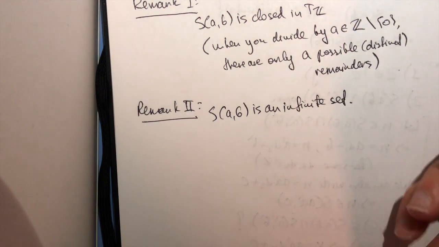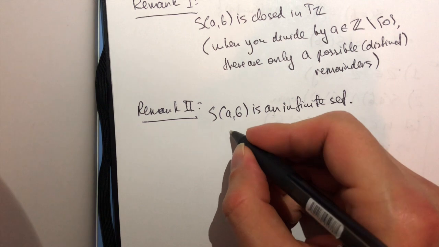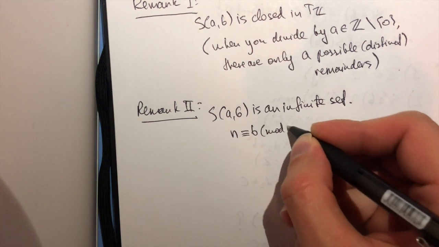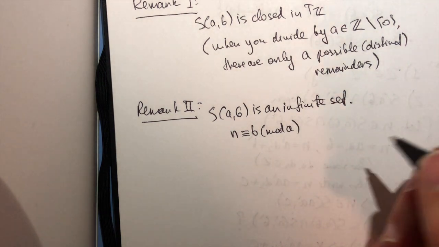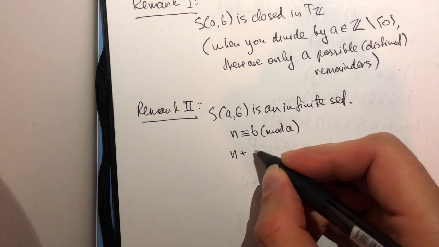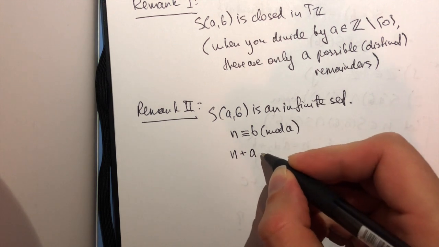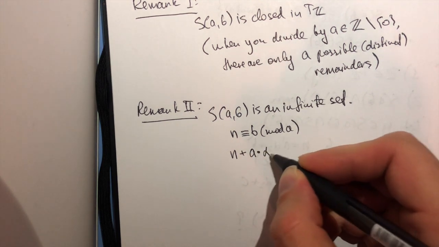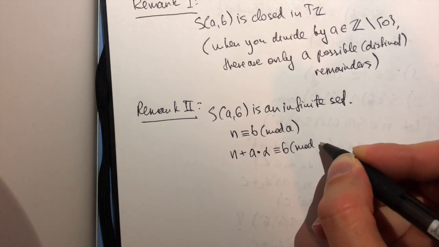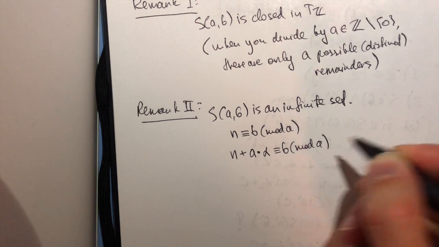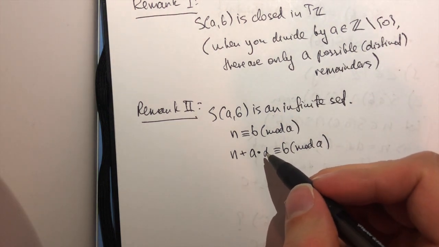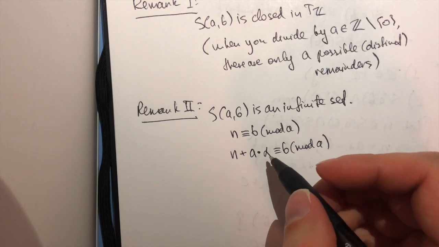And this should also be quite easy, because if I have a number that is congruent to B modulo A, then I can just add any multiple of A to n, say A times alpha, and that will also be congruent to B modulo A. And of course there is an infinite set from which I can choose this alpha.